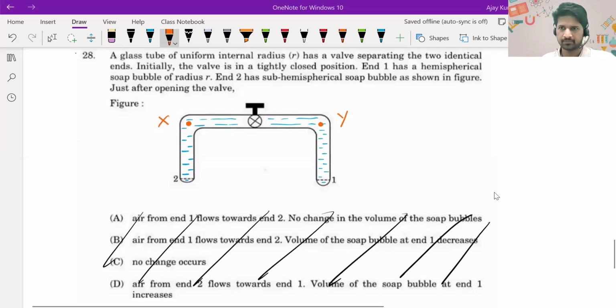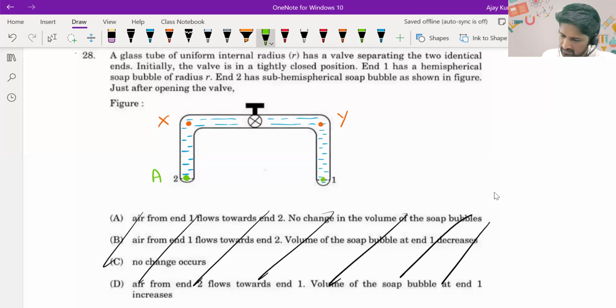So we can find out the pressure at the end. Let's call this point A and this point B. Based on the pressures at A and B, we can tell the pressures at X and Y. Correct. Now, can any of you comment on pressure at A and pressure at B? Which pressure is greater?